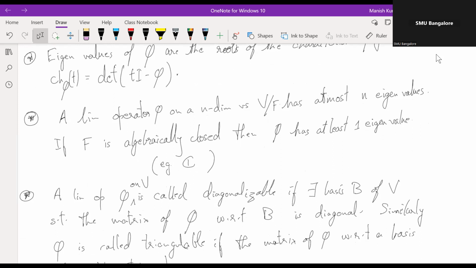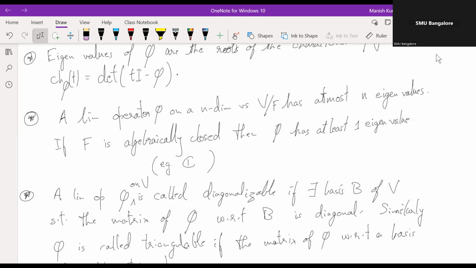Now for a linear map, we can say phi is diagonalizable. A linear operator phi on V is called diagonalizable if the matrix associated to it is diagonalizable, which means the matrix of phi with respect to some basis is diagonalizable.